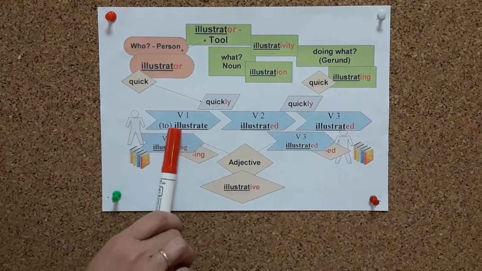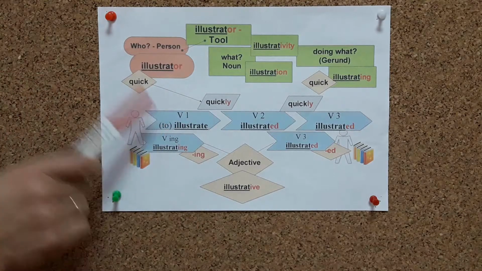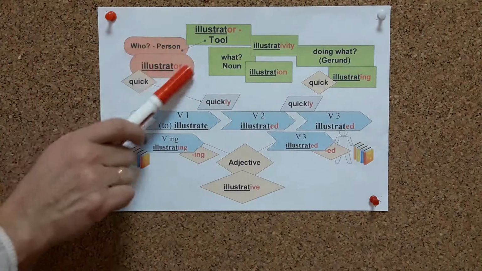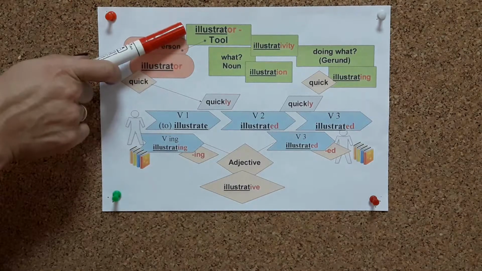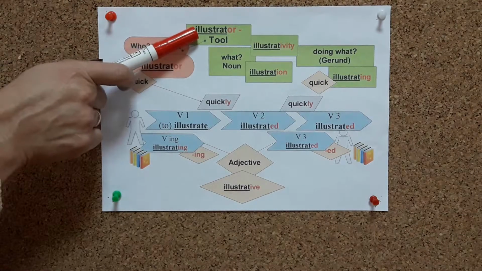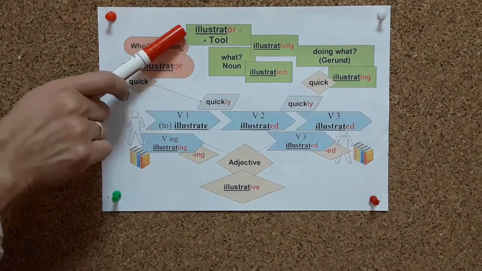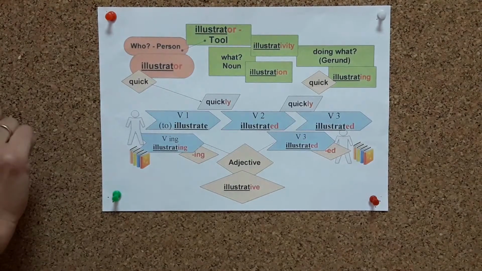Also, from the verb to illustrate, we can derive a couple of other words. They are illustrator, a person, then illustrator, a tool. You see that the person is in a bubble or in an oval, and a tool as a thing is in a rectangle.